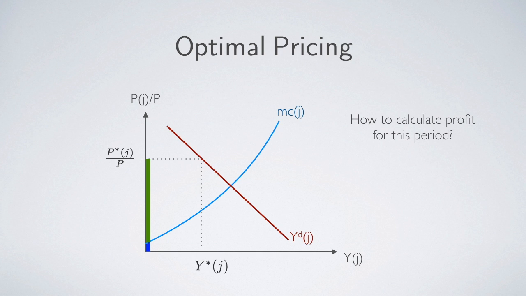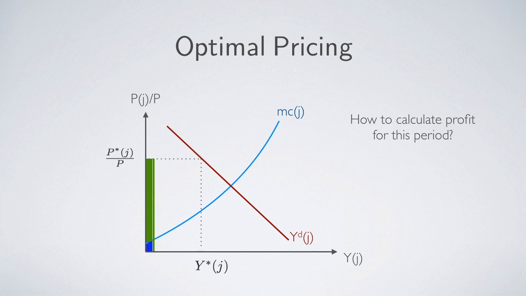As we can see, the blue bar is still lower than the green one, so the second unit will still generate profit for this firm. If we continue to a third unit, the revenue, the green bar, is still higher than the cost of production for that unit, so it still generates profit.